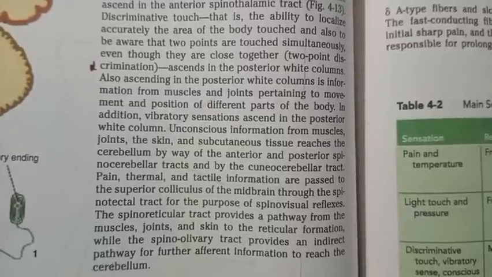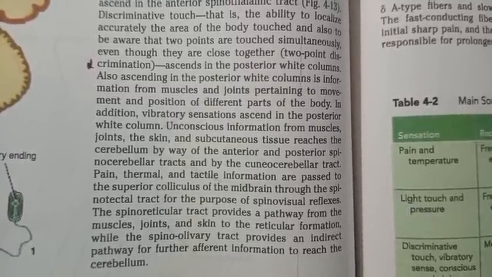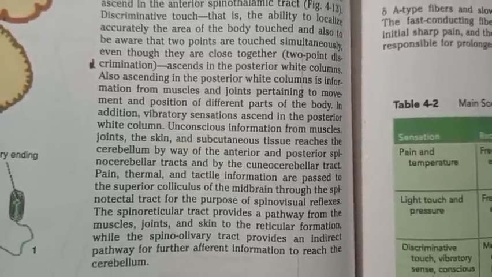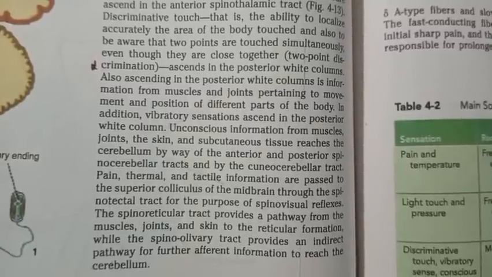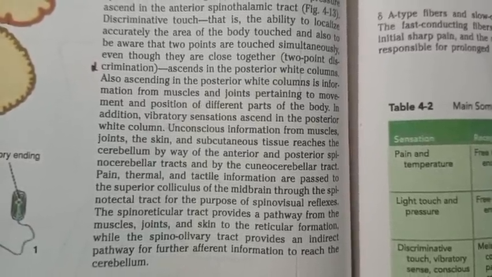Unconscious information from muscles, joints, the skin and subcutaneous tissue reaches the cerebellum by way of the anterior and posterior spinocerebellar tracts, and the cuneocerebellar tract.